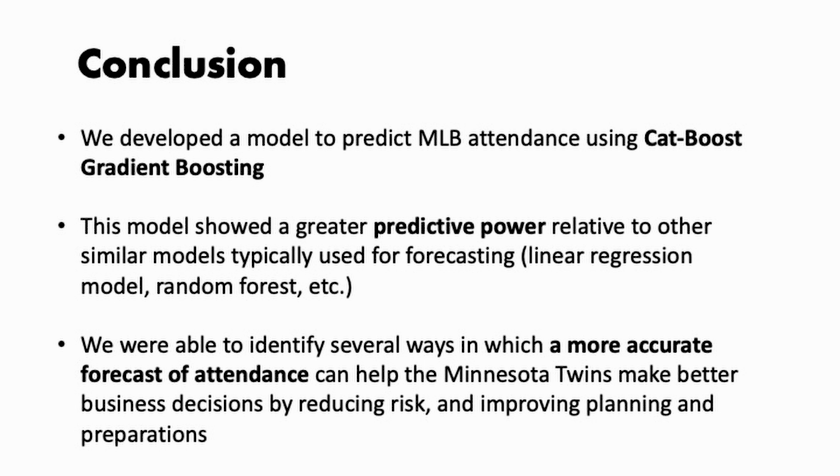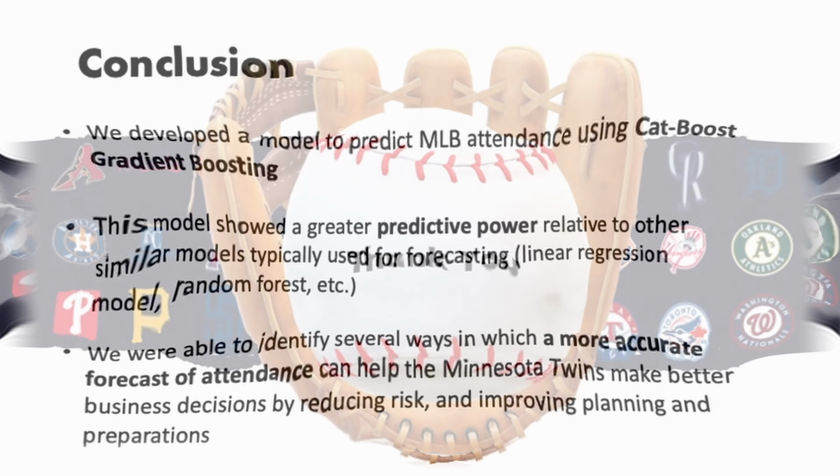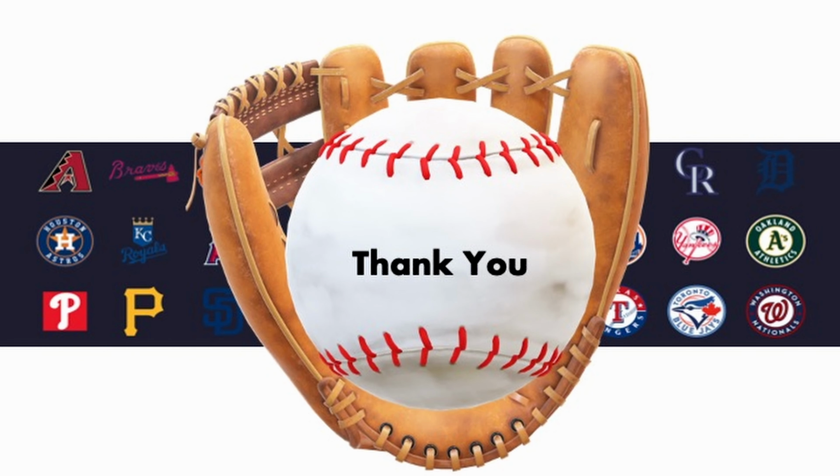We believe that by implementing our model, the client, the Minnesota Twins, can reduce risk and improve the planning and preparation process. That is our summary for this presentation. Thank you for your attention.